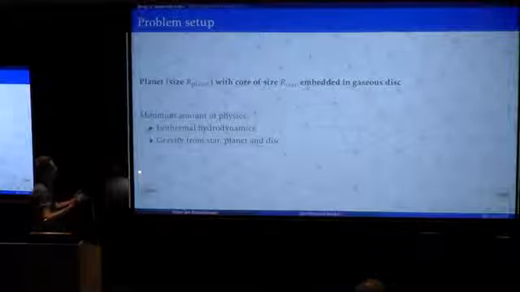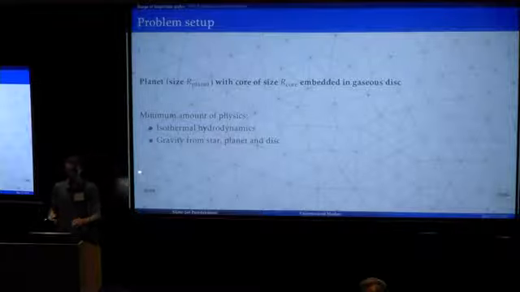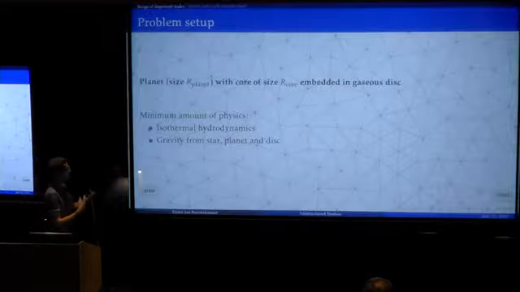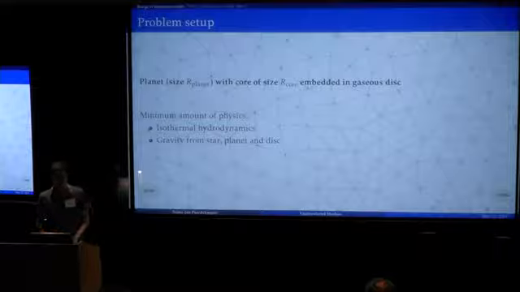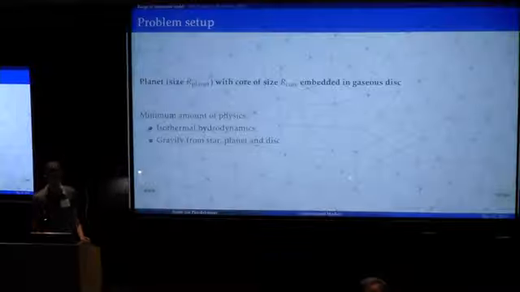So the physics we need as a bare minimum is some hydrodynamics. For the purposes of this talk, I'm going to assume a very simple equation of state, mostly isothermal, although I think one of the challenges in physics is to improve on this, do some proper thermodynamics, as was shown already. And on top of that, we of course need the gravity from the star, planet, and ideally the disk as well.